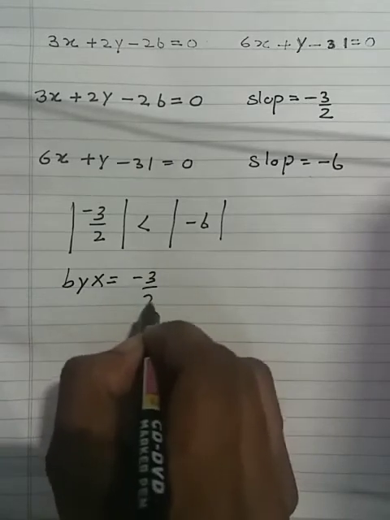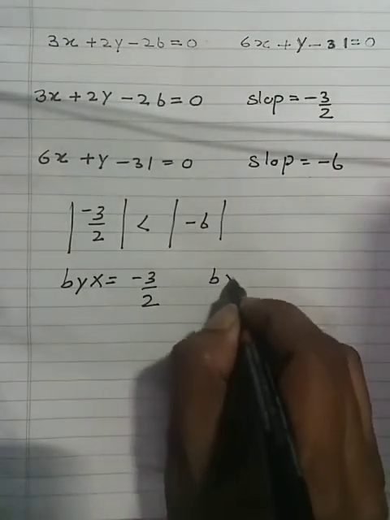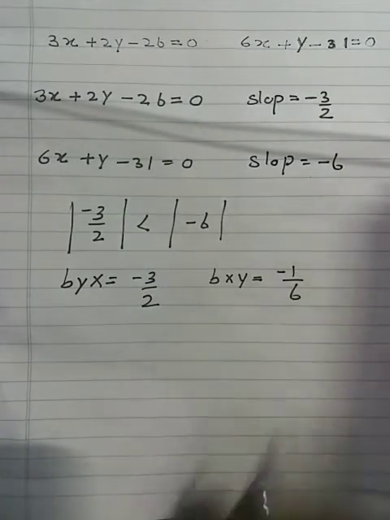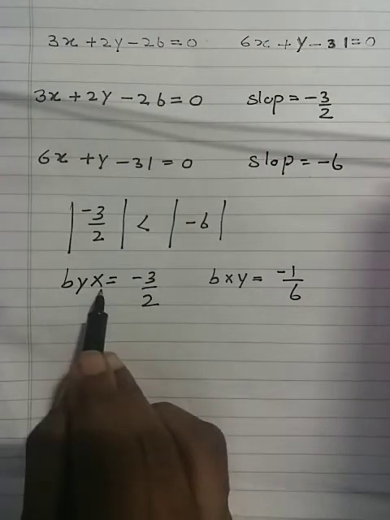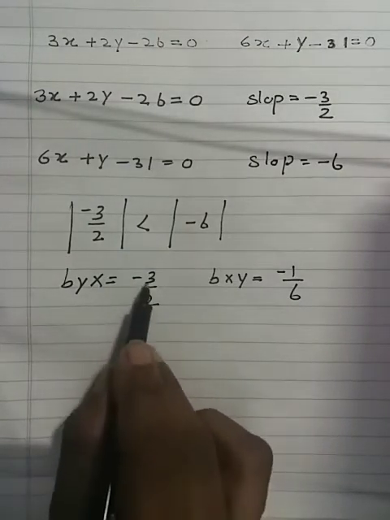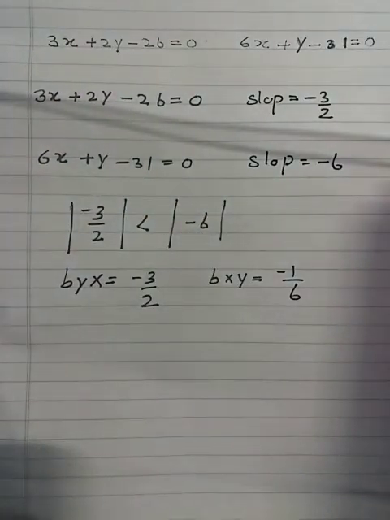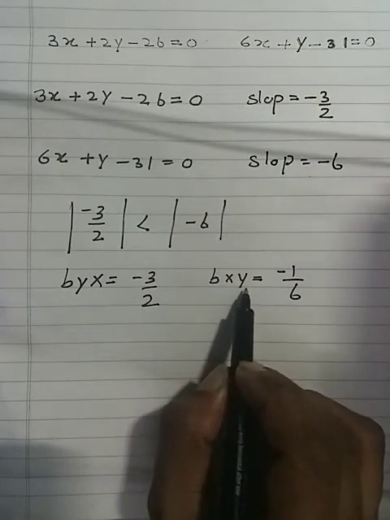Byx is the smaller one. At that time you have to put the sign. Bxy is the reciprocal of the bigger one, minus 1 upon 6. The equation containing byx is the equation of y on x. So 3 and 2 are in this first equation, and bxy is the regression coefficient of x on y.